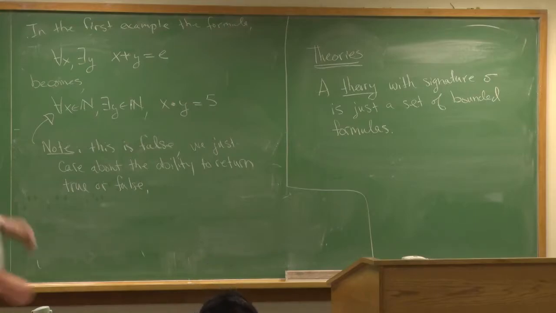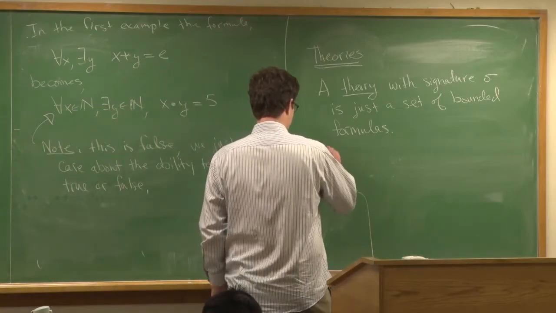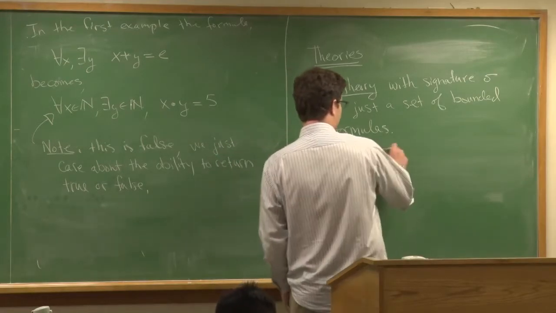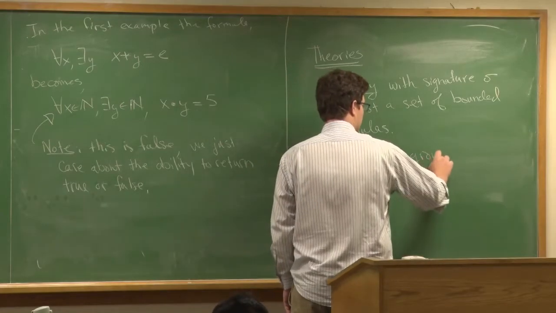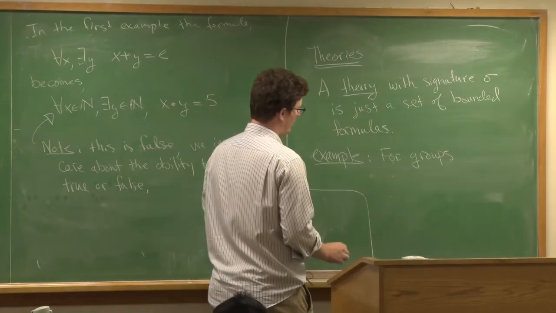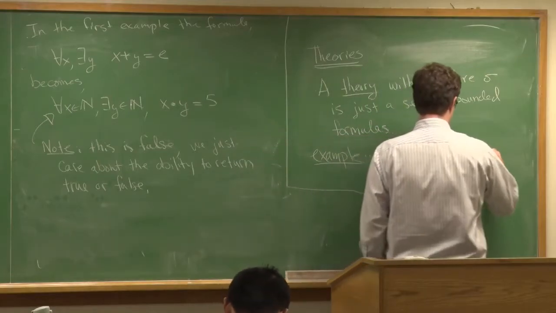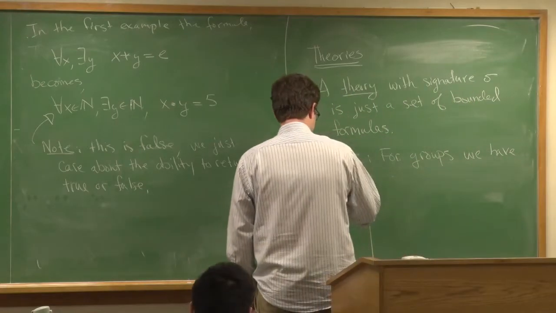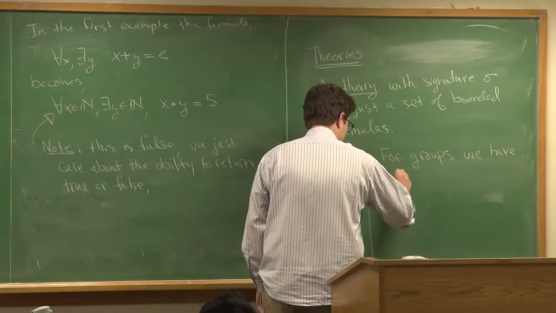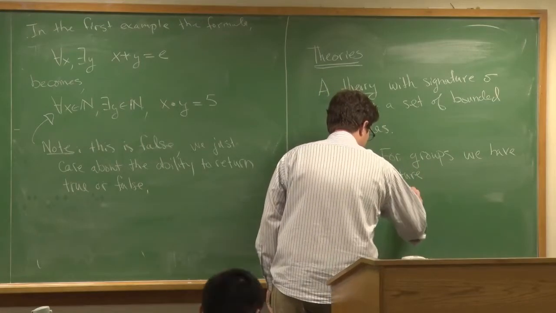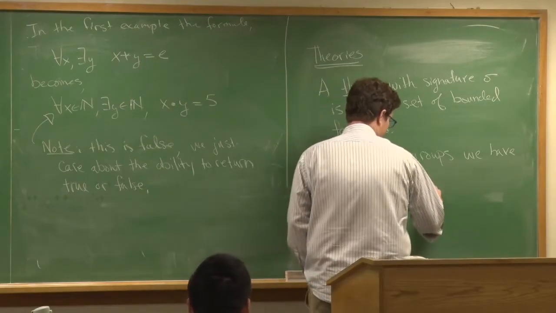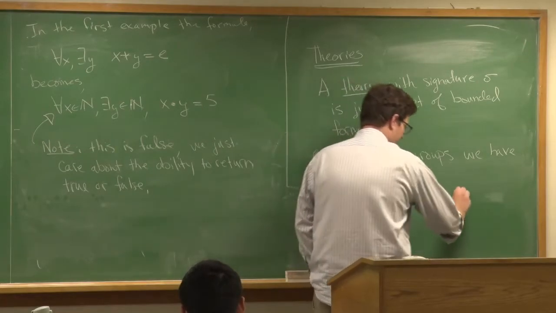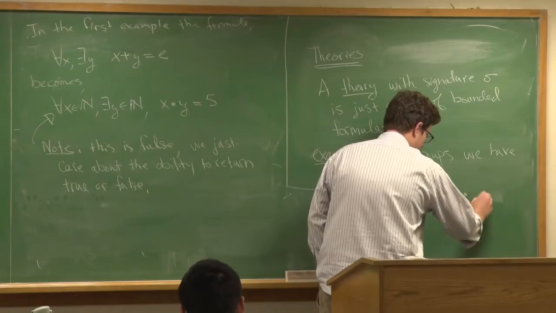Okay, so for example, for groups, our theory, we have our signature, sigma. So we have the sort here, then we have the multiplication, and then we have the identity.